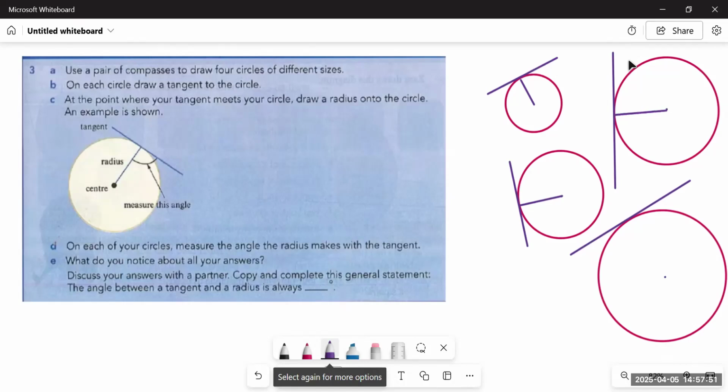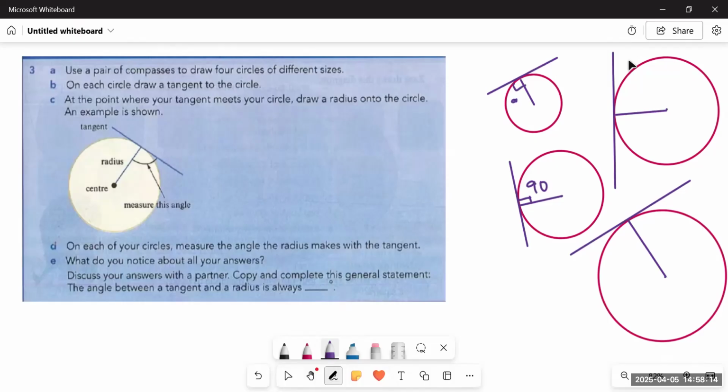You see, this is how you have to draw the radius. And then they're saying on each of the circles, measure the angle the radius makes with the tangent. And you'll see that every time the angle will be 90 degrees.